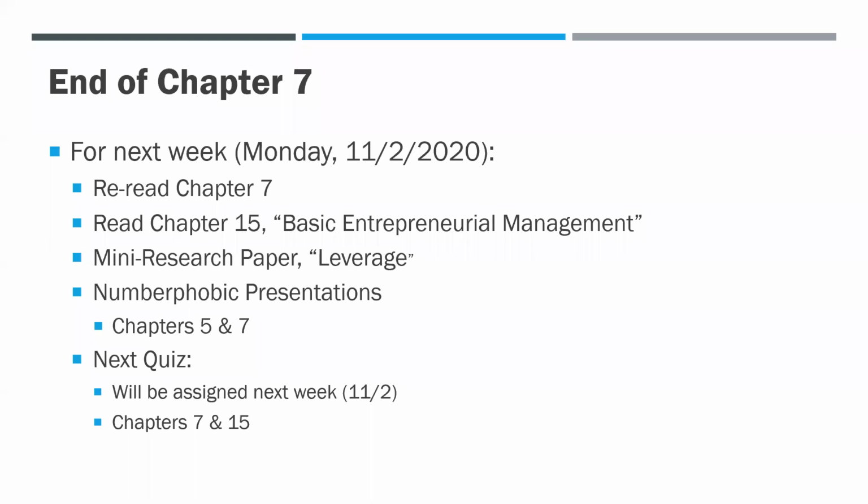So our mini research paper on leverage will be due at the start of next class period. We'll have 2 number phobic chapters to be presented, and our next quiz won't happen until after next week's class, so there is no quiz due for this week.